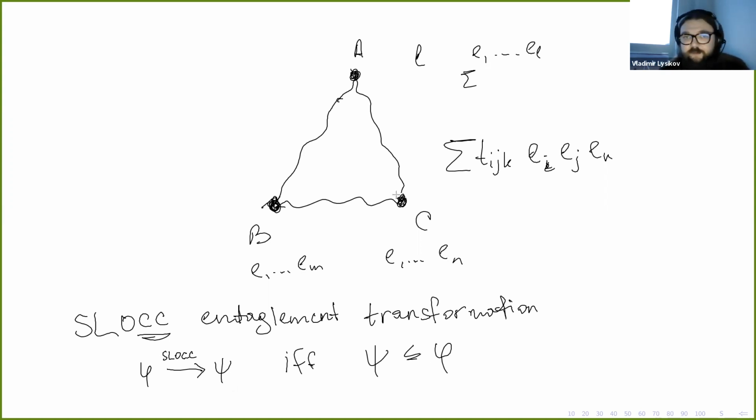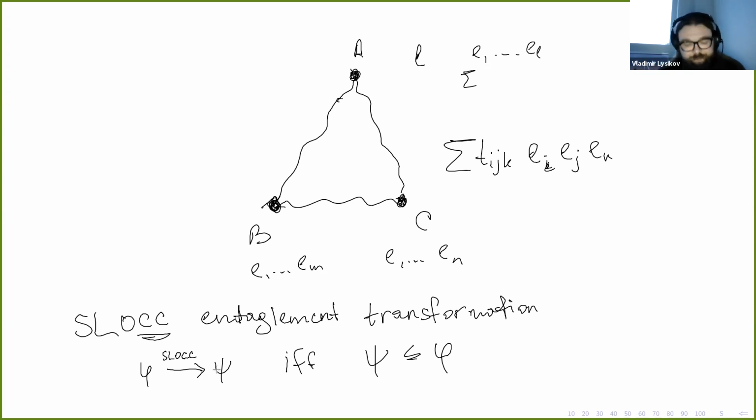And one thing that is actually somewhat practical, because of this SLOCC transformation, is that we can get one state from another with non-zero probability. Because if we measure something, with one probability we get one result, and with another probability we get some other result.